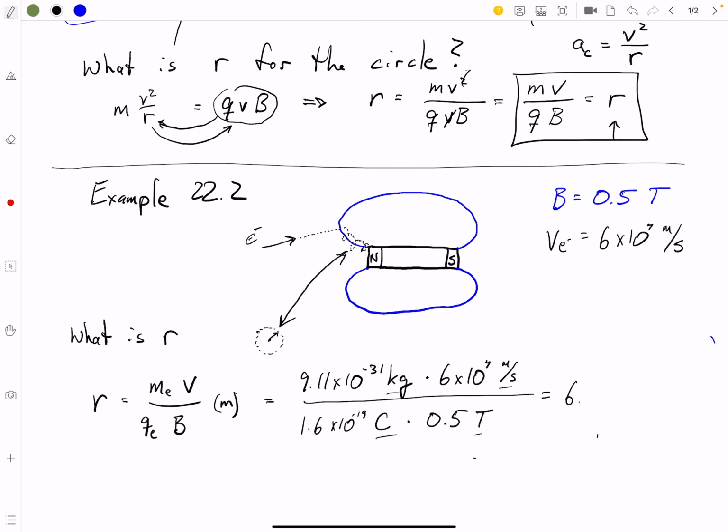This ends up being 6.83 times 10 to the minus 4 meters. There are a few ways you could write that: 0.683 millimeters or 683 micrometers. This way is just as good as any.